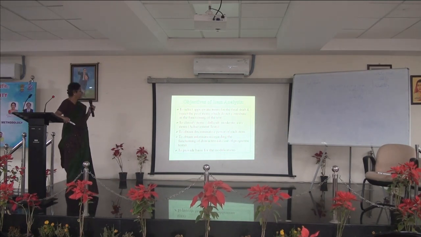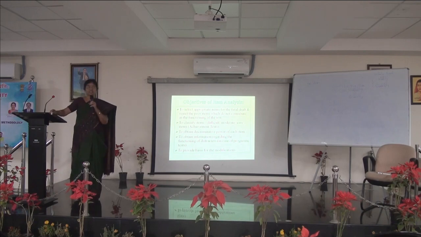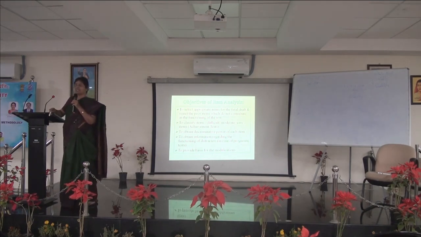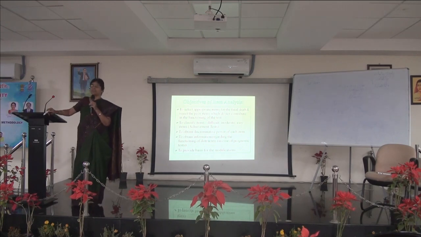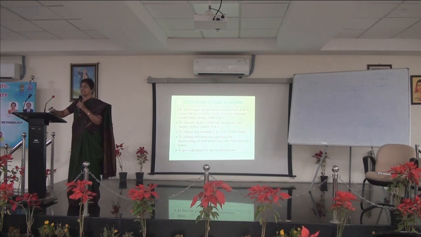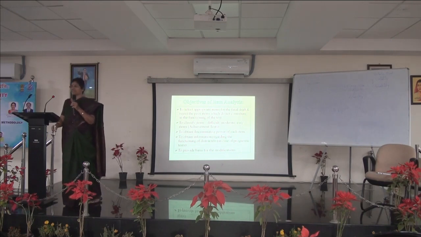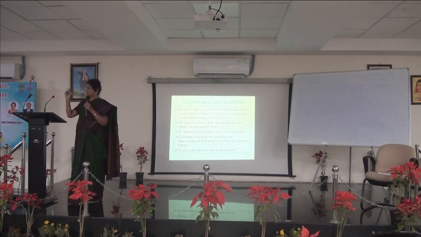Okay? To obtain information regarding the function of distractors. This is obtained through distractor analysis. Why? Because nowadays all entrance tests or selection tests are multiple choice. Many people select A. They put A for 10 questions, B for 10 questions, C for 10 questions.